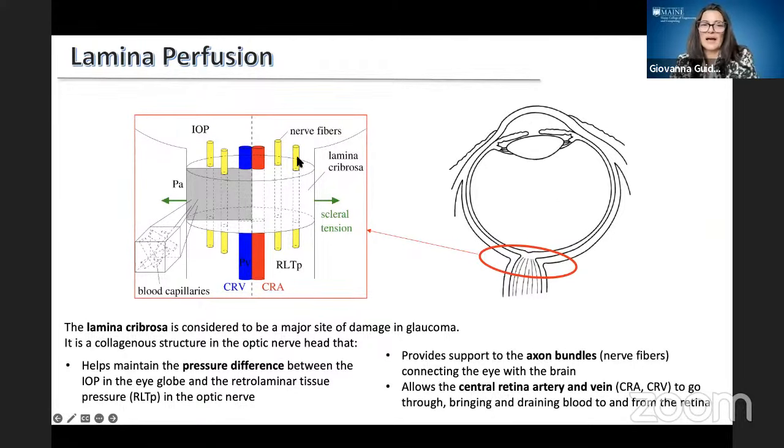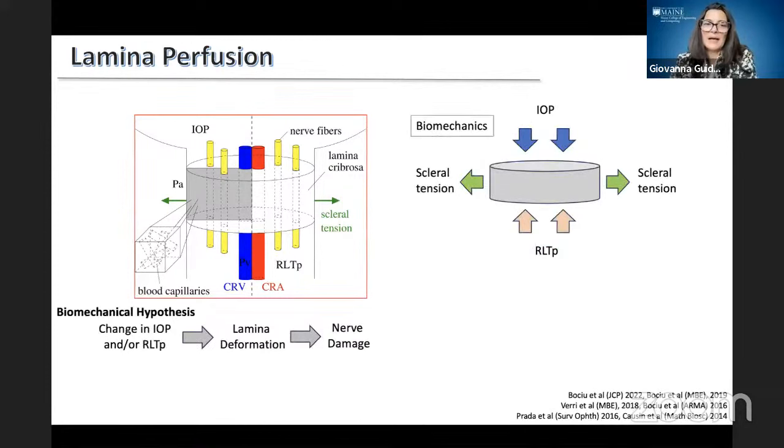It also allows for the nerve fibers, so the axon bundles, to actually pass through and connect the eye with the brain. And also the central retinal artery and the central retinal vein have to go through in order to nourish the retina. So the lamina cribrosa is considered to be a major site of injury in glaucoma.